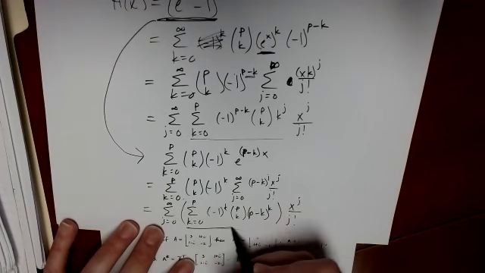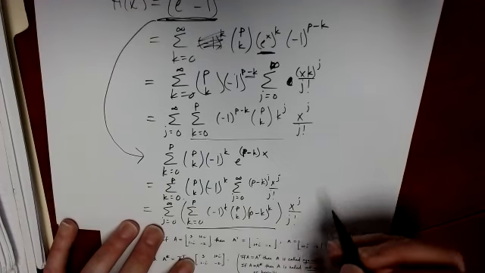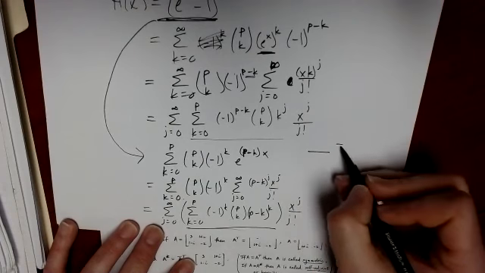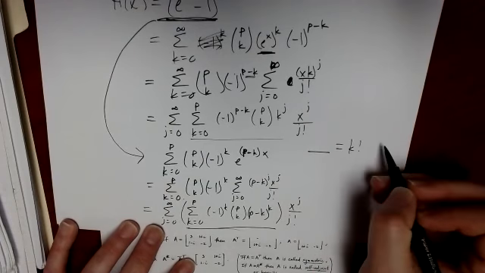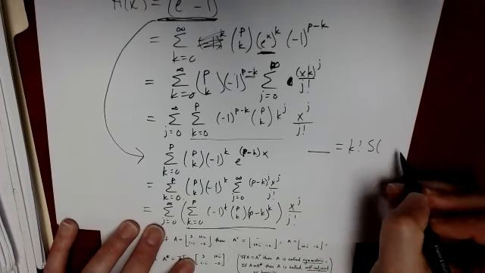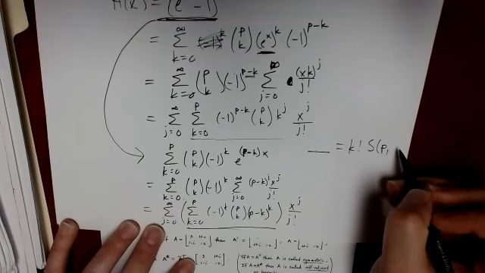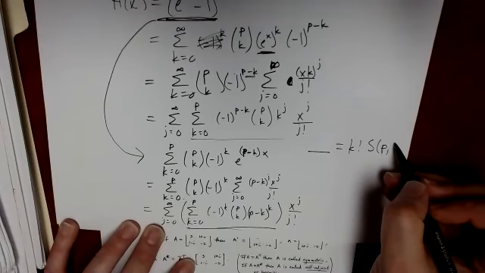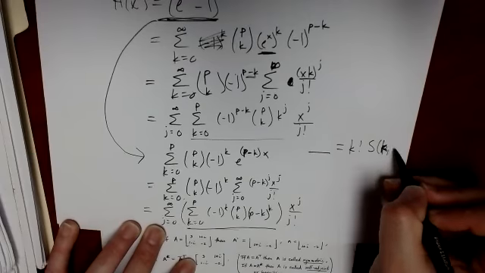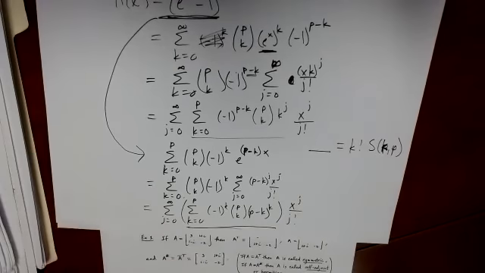This here is equal to k factorial times S(p, k), the Stirling number of the first kind.